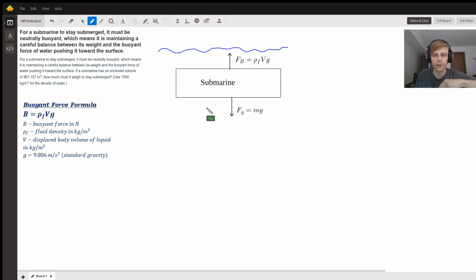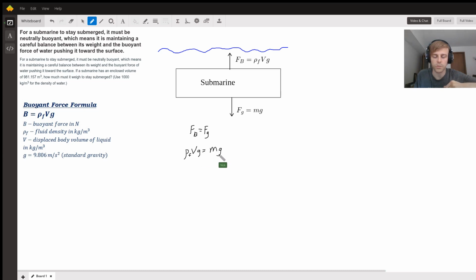So what we'll see here, if these are the only two forces acting, then we can say FB equals FG. Or if you want to set it up slightly differently, you could say FB minus FG is 0. That's the sum of forces in the y direction, but if they're the only two, then that works in general. Then we can sub in what we know these are. So we have rho F times V, which is the same in both cases, volume of the submarine and the water displaced.